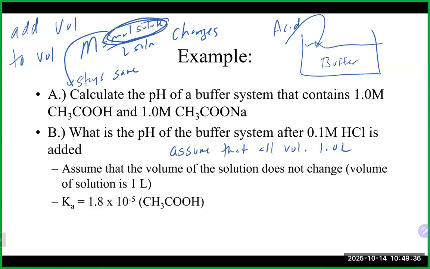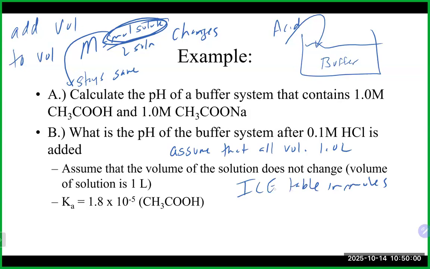So whenever you have a situation like this, where we are adding some more acid or base to a buffer, we're basically adding volume to volume, you need to do your ice table in moles, because those will remain the same, and not molarity.